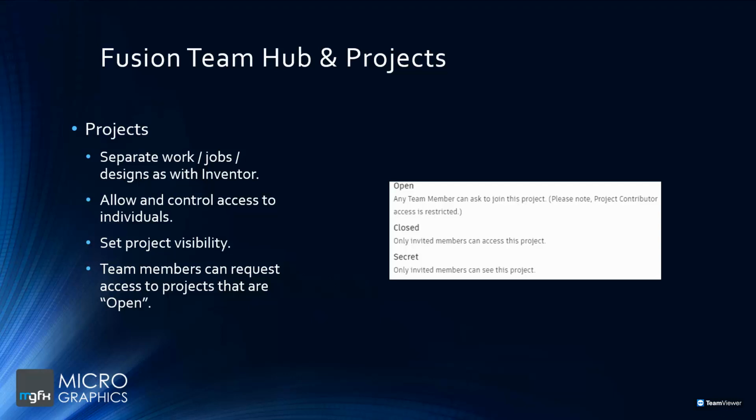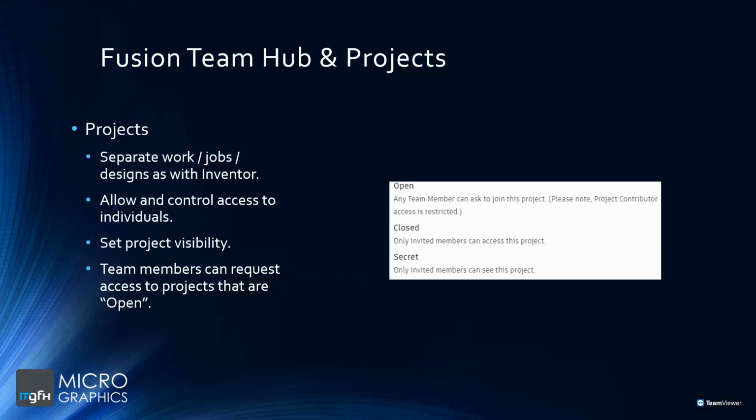A closed project is a project everyone can see. They'll see that that project exists, but they do not have access to the data unless they are invited to join the project. So that is a project that is invite only. You cannot request to join a closed project. And then lastly, the secret project.